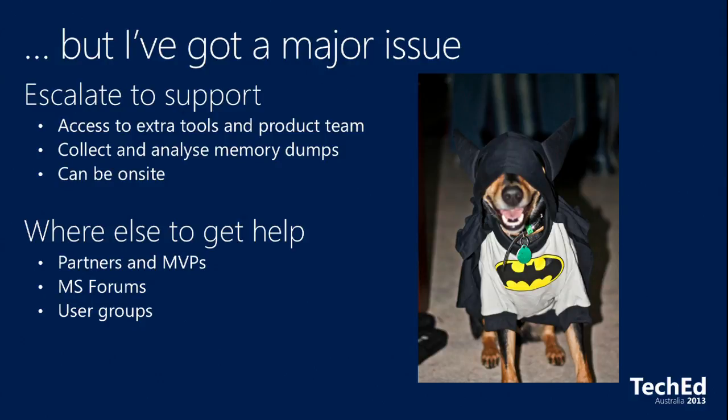Since coming over to Microsoft, I've learnt just how much the support teams have access to that the public can't get access to. Especially when it comes to things like memory dumps, the way we can analyze them internally just doesn't compete with what you can do externally. So certainly, escalate to support where needed.